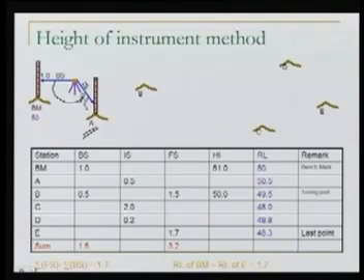I take one observation here, and this observation is 0.5. Okay, I read 0.5 here. We already know the meaning of foresight and backsight. We take the backsight to a point for which we know the RL.